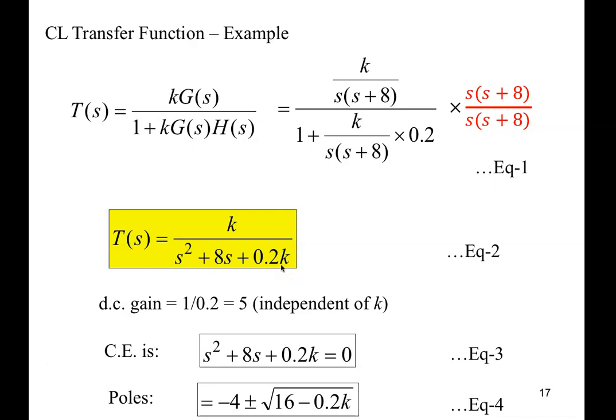So the DC gain of the closed loop system is actually independent of k. Although the closed loop feedback has a role in changing the DC gain from open loop to closed loop, setting the value of k doesn't really matter. What value you use really doesn't matter.